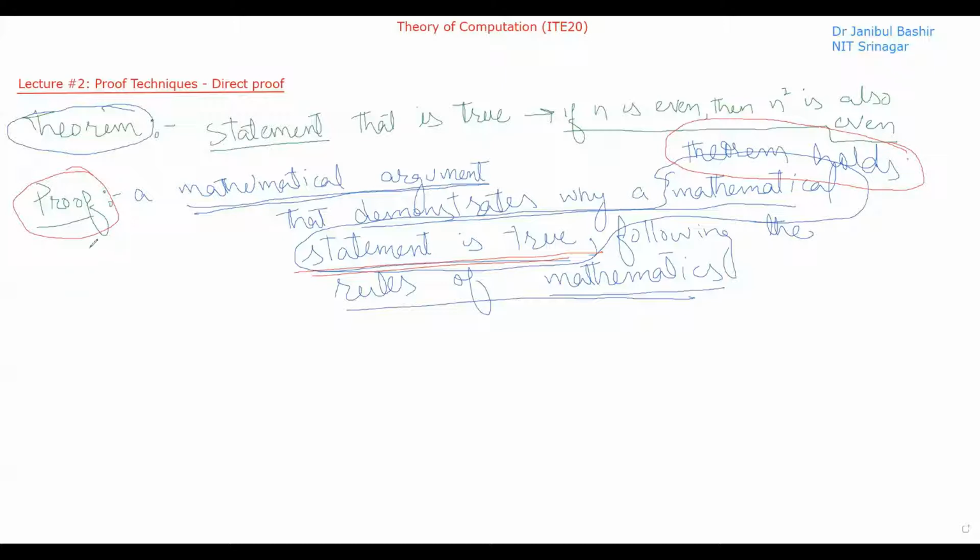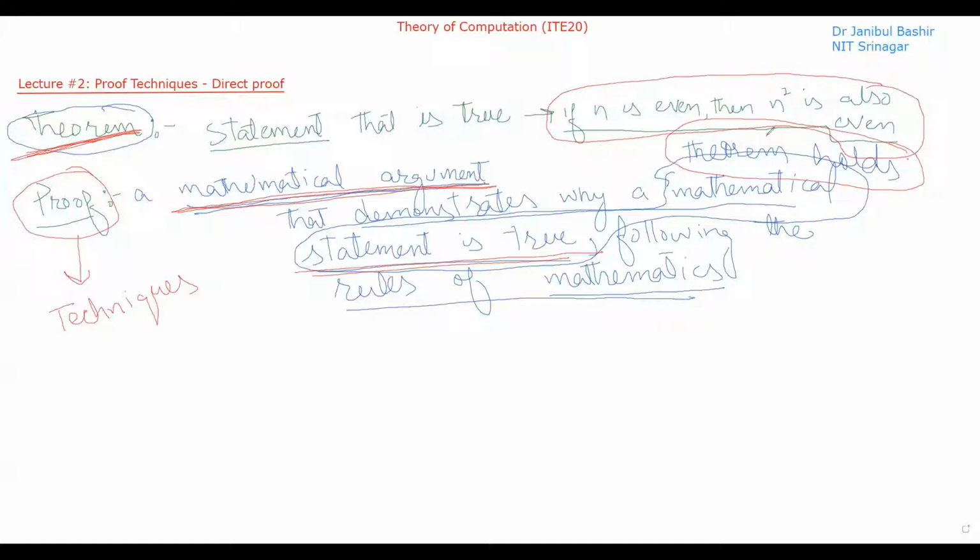And in today's particular lecture, we have to discuss different techniques that will be used to prove a particular theorem. Or we can say we have to design the mathematical arguments that will help us demonstrate why a particular mathematical statement is true. For example, here was one statement: if n is even, then n square is also even.